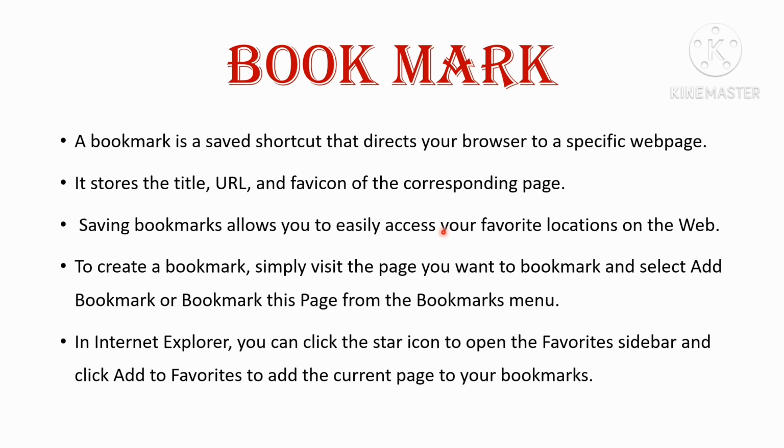To create a bookmark, we have to visit that page and select add bookmark so that the particular web page will be added to the bookmarks. In Internet Explorer and Chrome also, there will be a star. If you click that, the current page is added to the bookmarks. We can see it in the next slide.